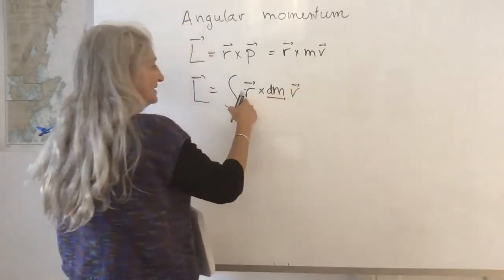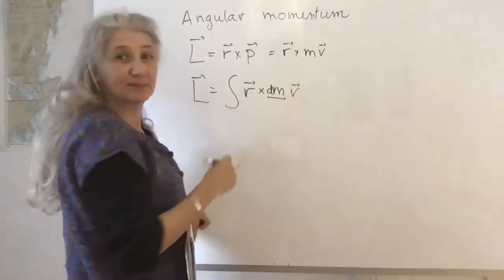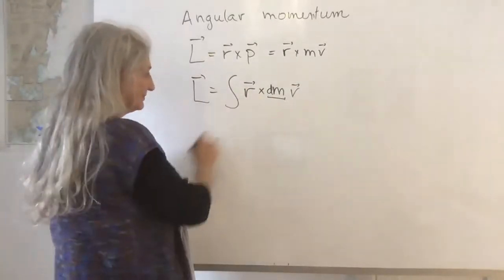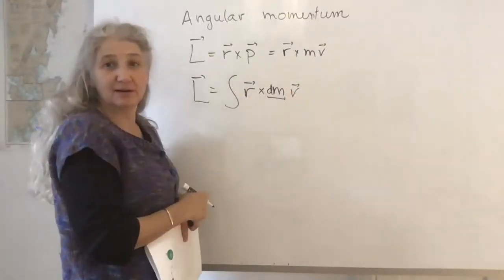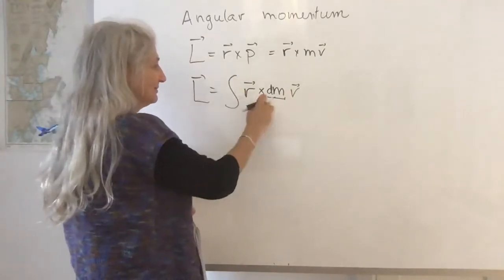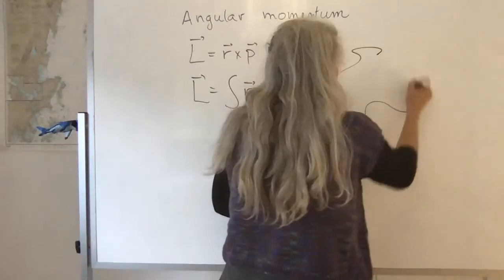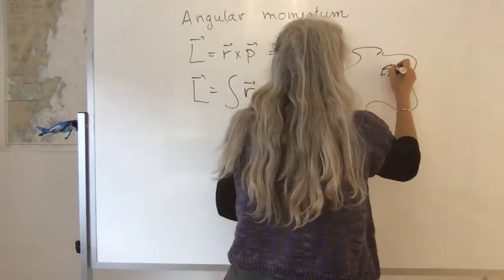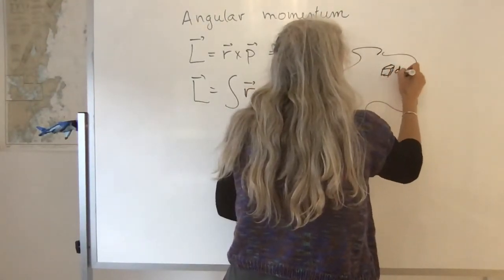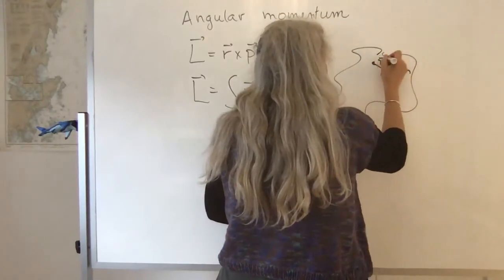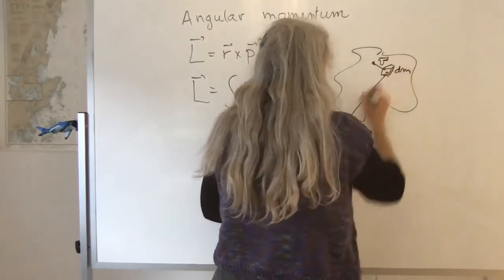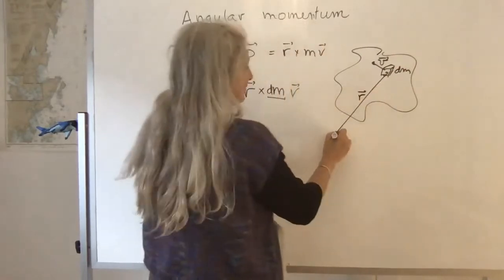And of course, both the velocity and the position from some origin are going to depend upon where this little mass cube is. So, if I have a body like this, I have some little cube of mass dm, and it's moving at some velocity v, and it's some radius from an origin.